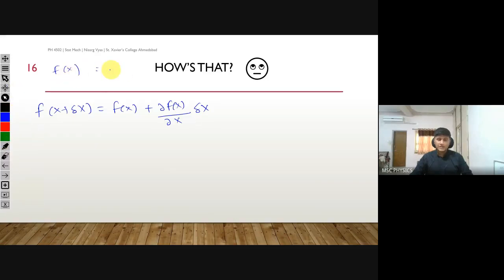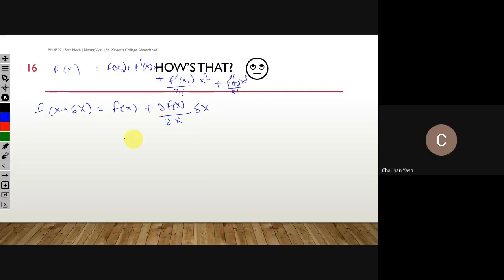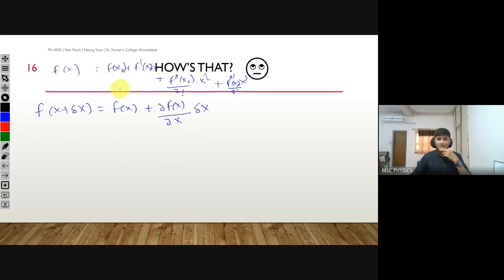F of x equals f of x naught plus f prime of x naught, plus f double prime of x naught by 2 factorial, multiplied by x square, plus x cube times f triple prime of x naught by 3 factorial. So I don't know how you are getting the limiting part.